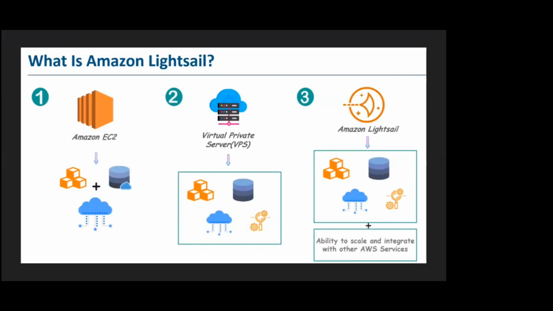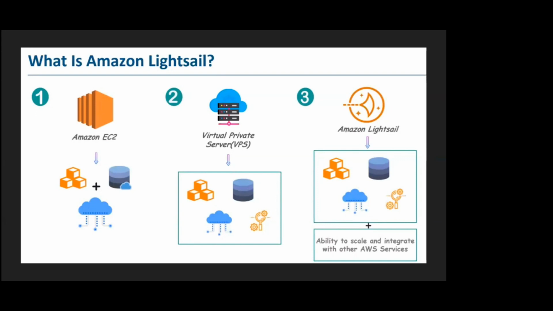It has all of the stuff you require, and you don't have to worry about the underlying infrastructure. Let's say you choose the EC2 platform and create instances: then you have the freedom to handpick the underlying infrastructure, like storage, server, security groups, IP addresses, VPCs, and many other components.